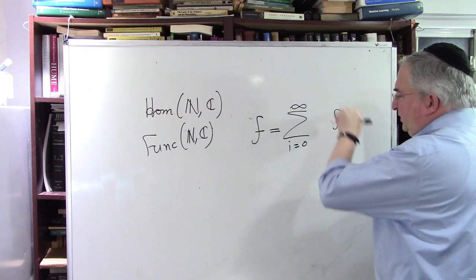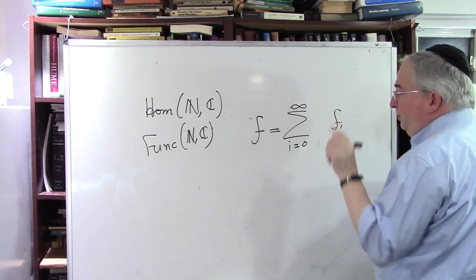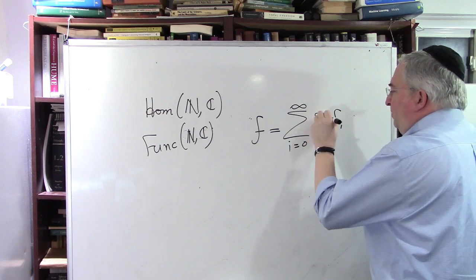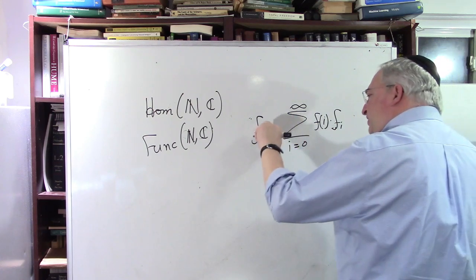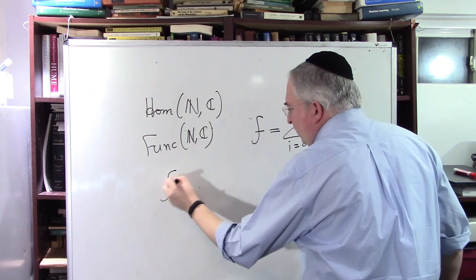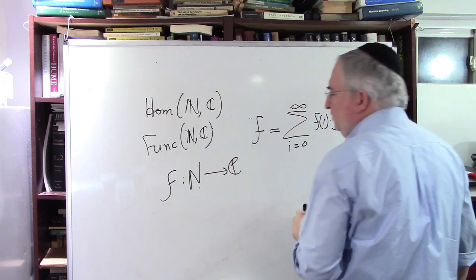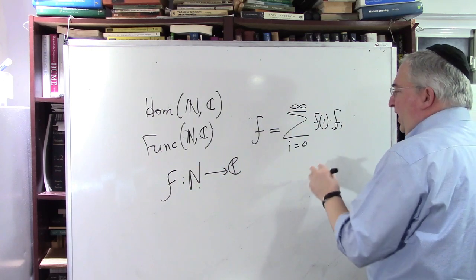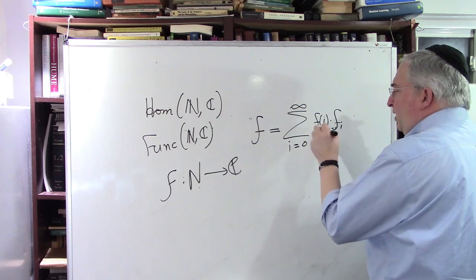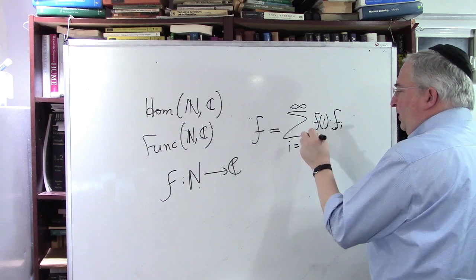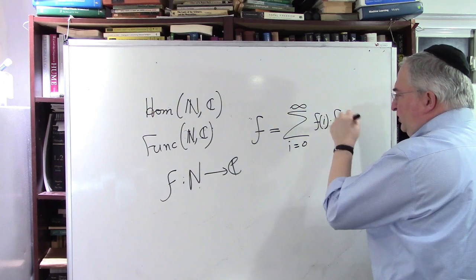Okay, so these are special functions that only output a one in one place, and we're going to multiply that f of i times that. So any function f from N to C can be written as a sum, adding them all together, of f of i times these special functions.